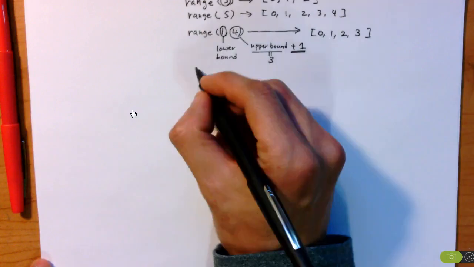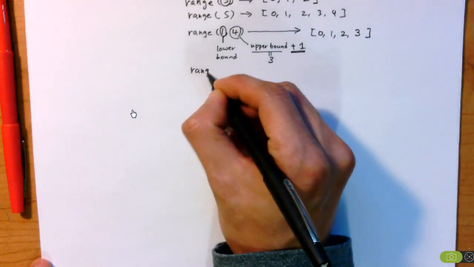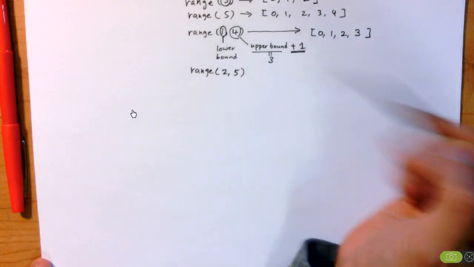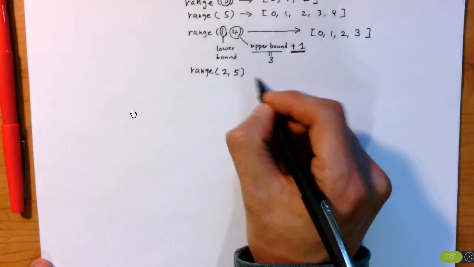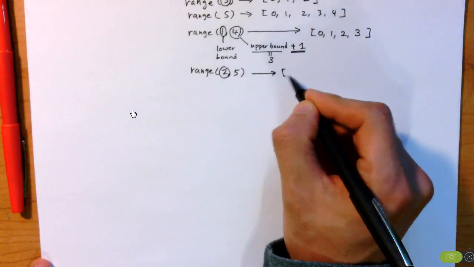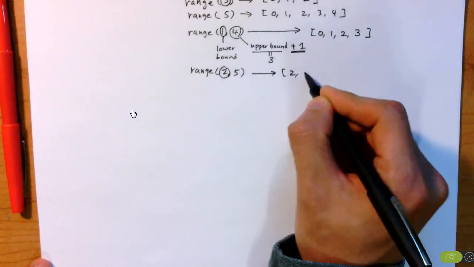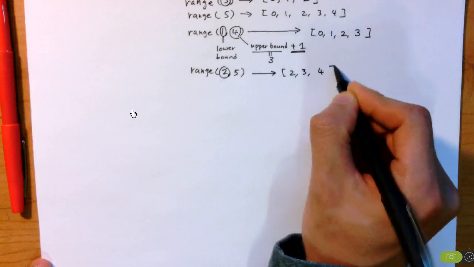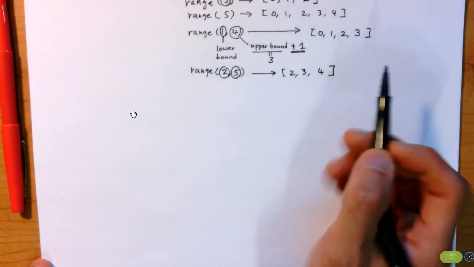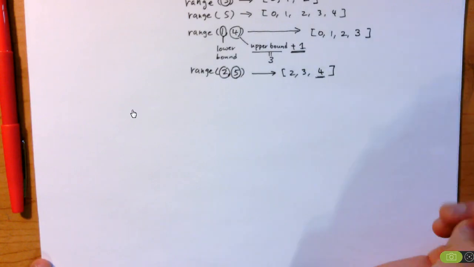Or another example is range 2 to 5. This is the lower bound, so it's starting from the lower bound, so 2, 3, and 4, because this is upper bound plus 1, so actually the upper bound is 4.